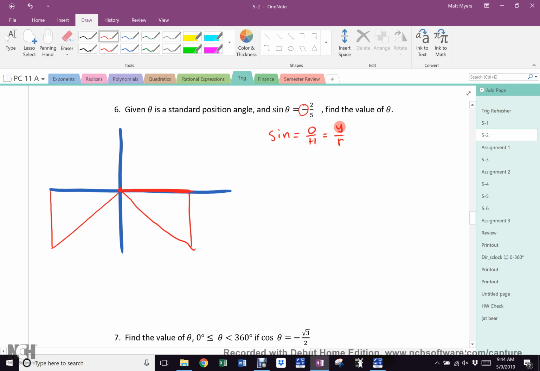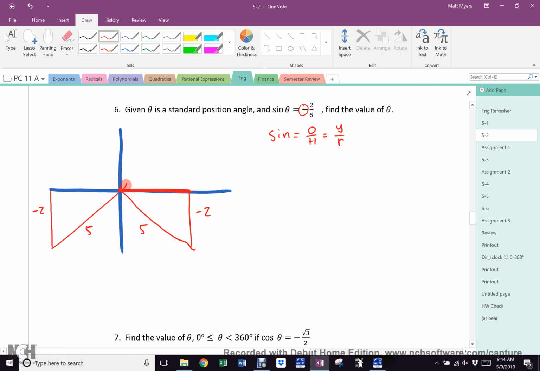Which is the y value, the vertical or the diagonal? The vertical. So that's -2, that's -2, that's 5, correct? Did I need to draw this to solve it? No, if I understand what I'm doing, I know that there's two values for theta here, yes? But if I draw it, it's quite easy to see, yeah?